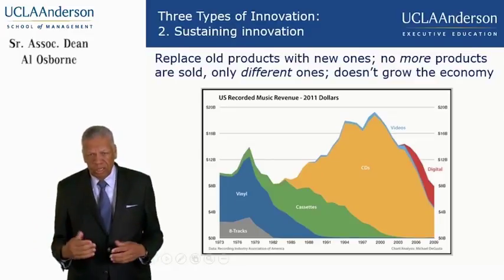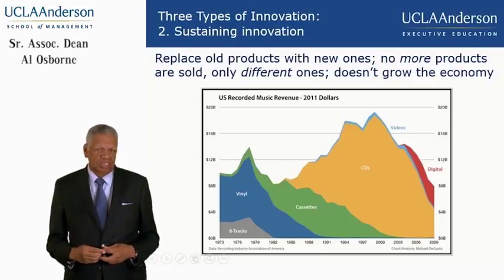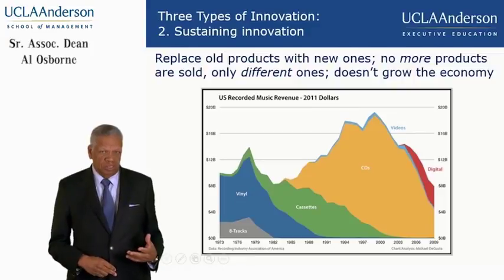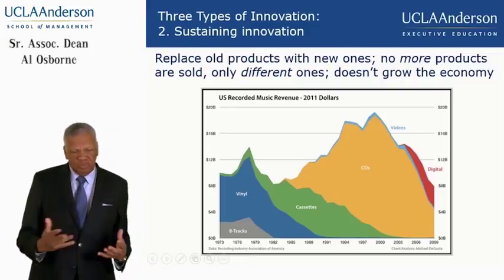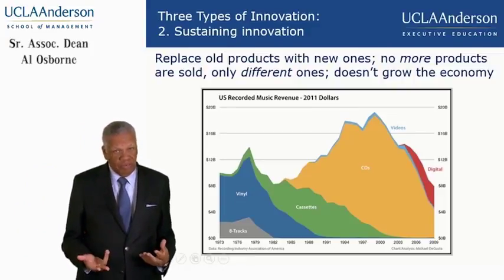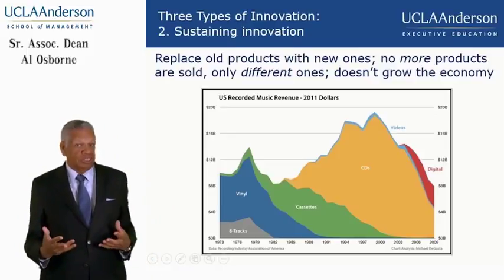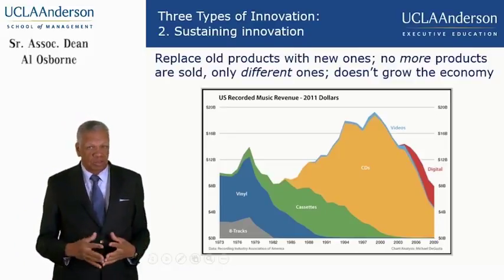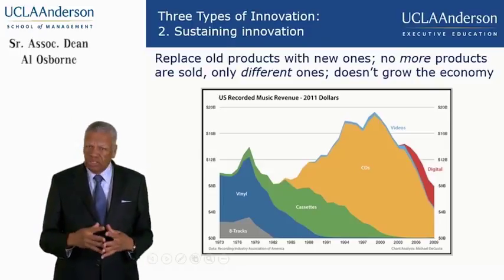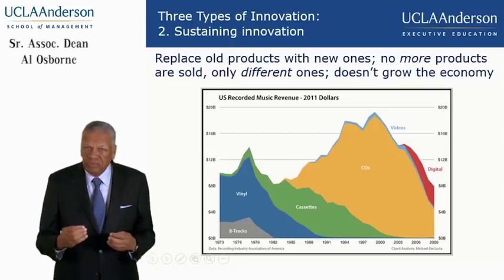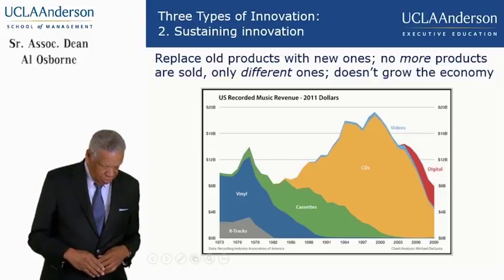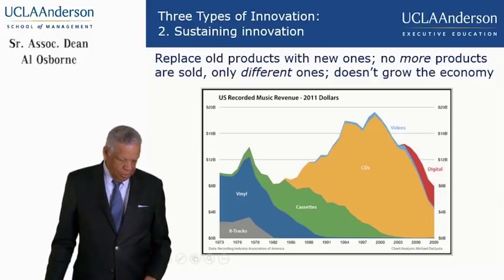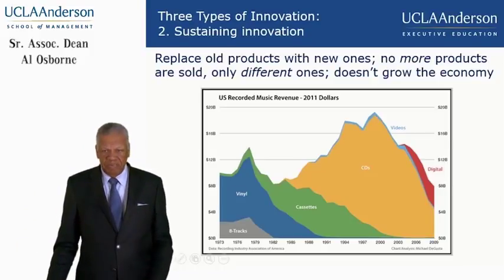This is where most businesses who provide products and services find themselves. It is replacing their old products with new ones, or the industry itself, through competition, finds ways in which one service is substituted for another. It's not that more products are sold, but that different ones are sold, and it doesn't necessarily grow the economy. A prime example of this might be in the automobile world.